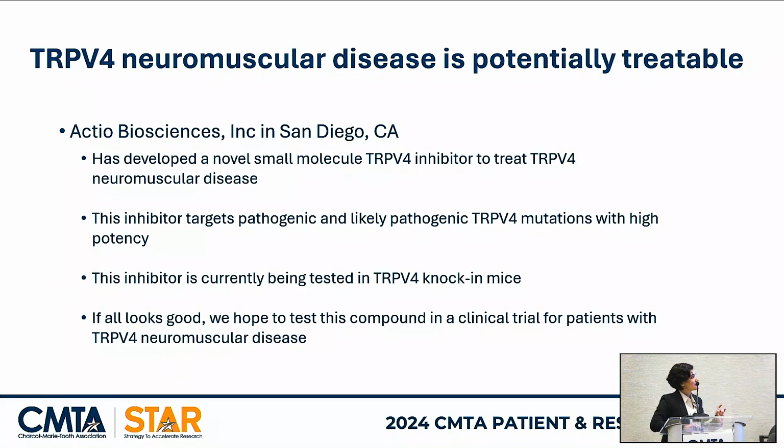And what they're trying to develop is basically a pill that's taken by mouth, hopefully once a day, to try and treat TRPV4-related neuromuscular disease. They're currently testing their potential medicine in TRPV4 mouse models. And if everything looks good, we at Johns Hopkins are hoping to partner with Actio Biosciences to test this compound in a therapeutic clinical trial to see if it can help improve symptoms in patients with TRPV4 neuromuscular disease.